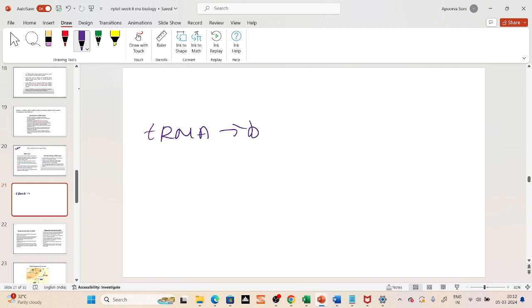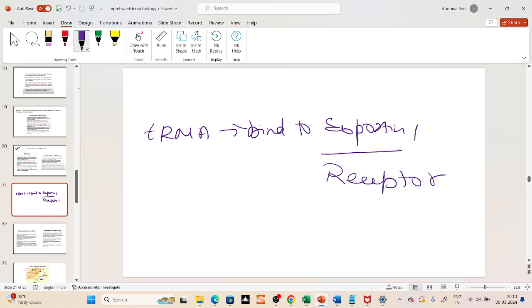The tRNA will bind to exportin 1, which is its receptor. Now we have the tRNA exportin 1 complex.